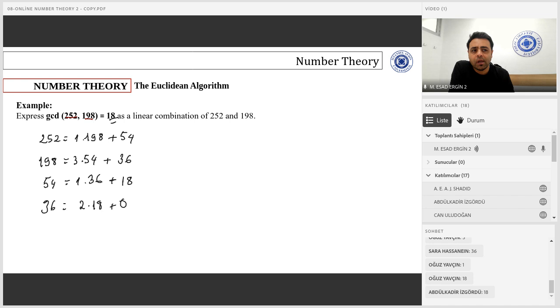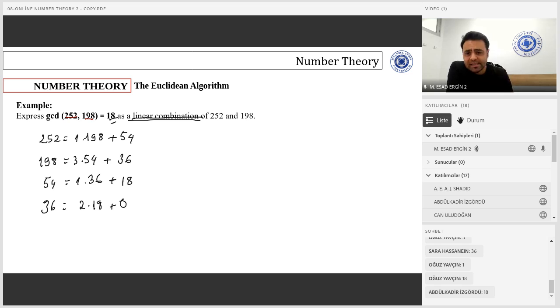But now we are going to use substituting the expression for the 54 into the previous equation. So I'm going to show you how we can find the linear combination of this one as well. Also, we use the Euclidean algorithm, but I'm going to show you another type of this.